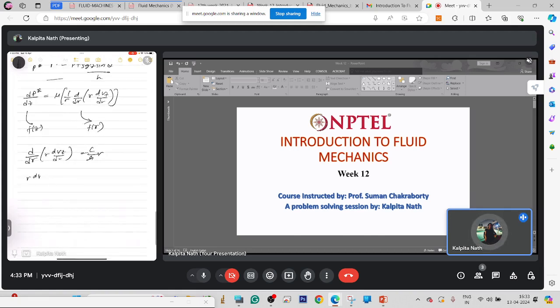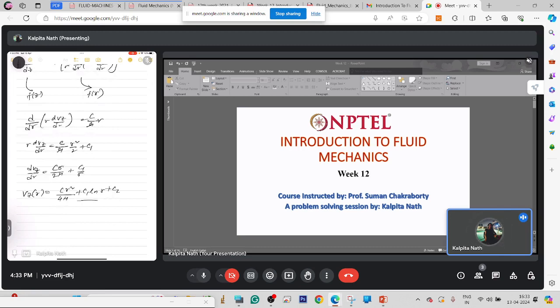Now r dvz/dr is equal to c by mu r square by 2 plus c1. So dvz/dr is equal to cr by 2 mu plus c1 by r. Now integrating again, vz is equal to c r square by 4 mu plus c1 ln r plus c2.